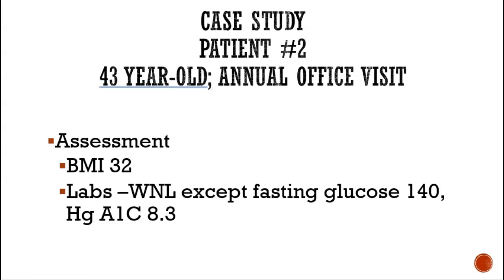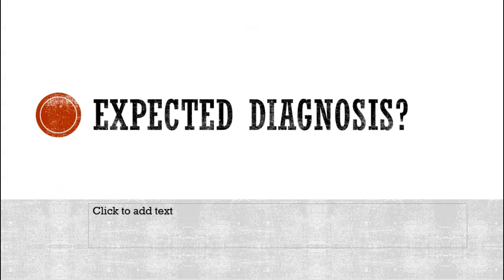So think about what normal hemoglobin A1C is. Normal hemoglobin A1C is 4 to 6%. So which diagnosis would you expect to be added to this patient's list of diagnoses? If you said type 2 diabetes, you are correct.